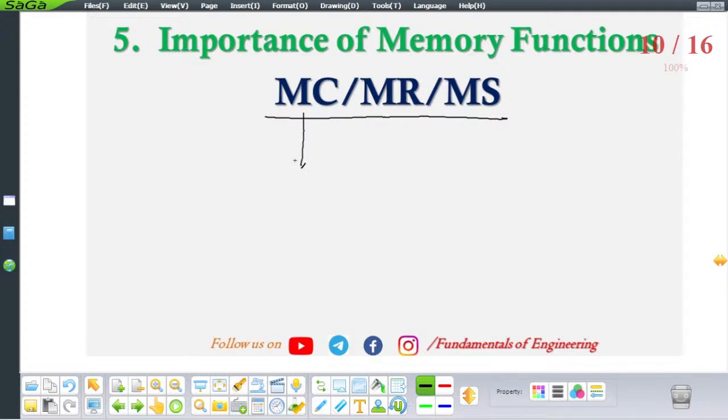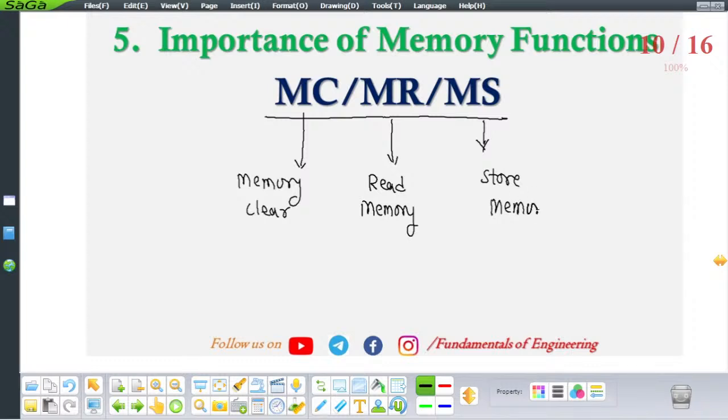MC stands for memory clear, MR stands for read memory, and MS stands for store memory. So these are the memory functions.